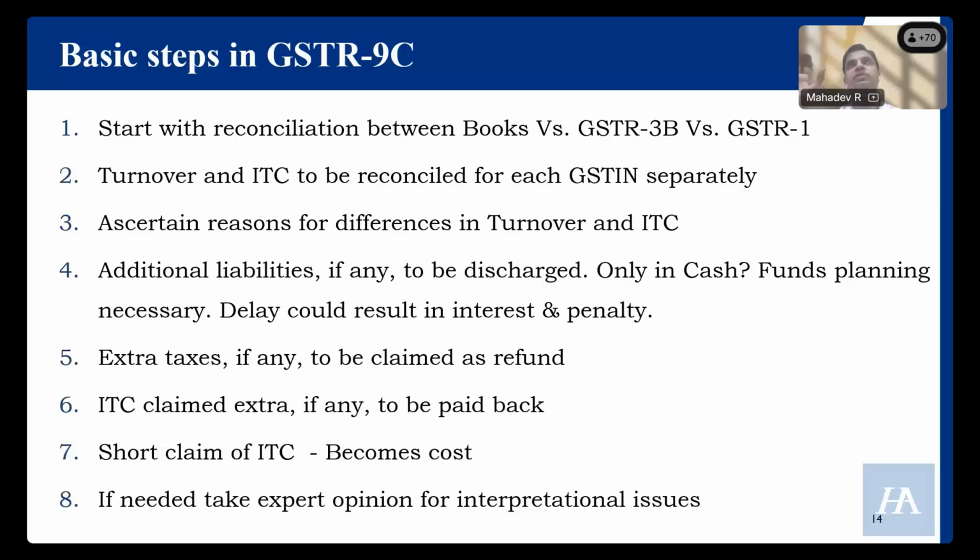If such differences are resulting in additional tax payment, pay the taxes. If it is realized that there is an excess tax payment, then we need to see whether the tax refund is possible. Sometimes we would have collected extra tax from the customer and we would have paid. In such a case, you will not get the refund unless you pay back the tax amount to your customer.